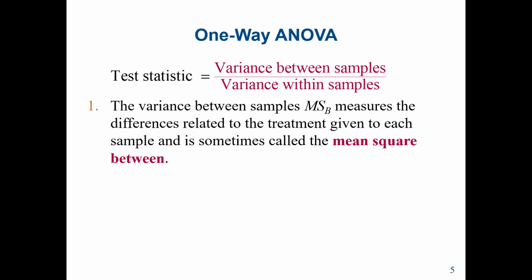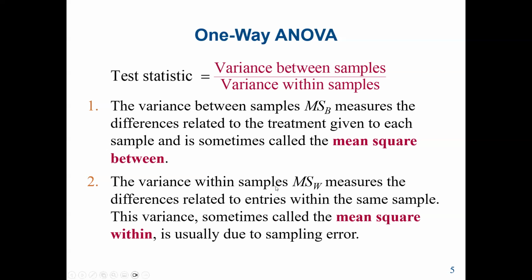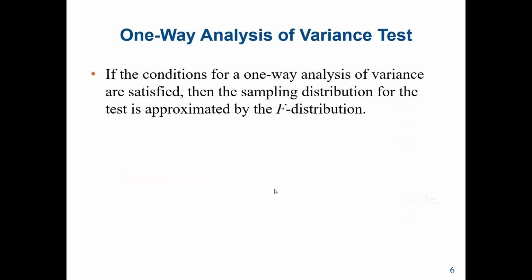And again, it's sometimes called the mean square between. Then we have the variance within the sample, which is MSW. Normally we measure the differences related to entries within the same sample. So this variance is sometimes called again mean square within, and it's usually due to sampling error.